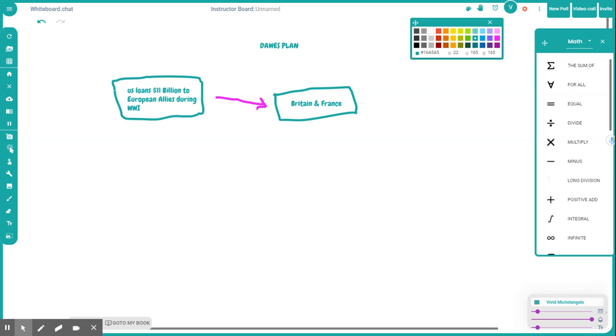But what we do is a couple of things. First, we reschedule the loan payments. They still have to pay us, but they don't have to pay us as much, as fast as had originally been scheduled. And the second thing that we do is we loan them more money in a misguided attempt to help them repay the original debt.